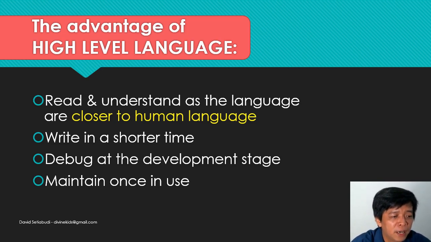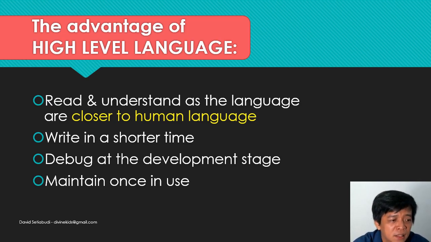And the third one is debug at the development stage. So let's say when you develop a program, you can find the bugs or the errors that you create easily at the development stage.